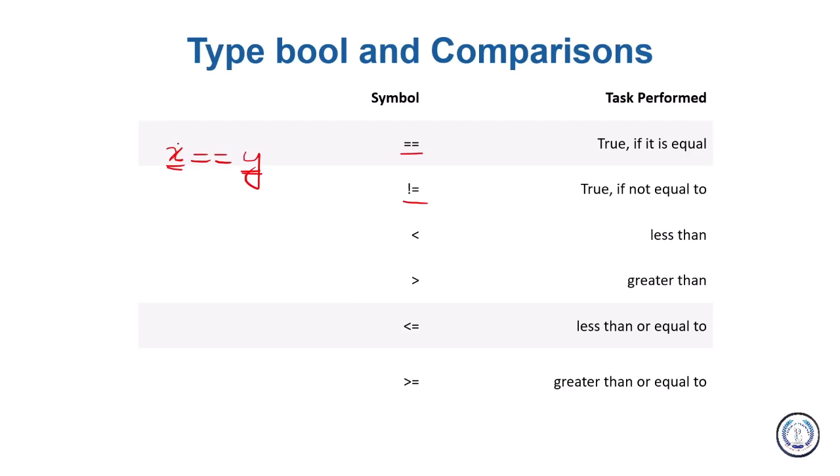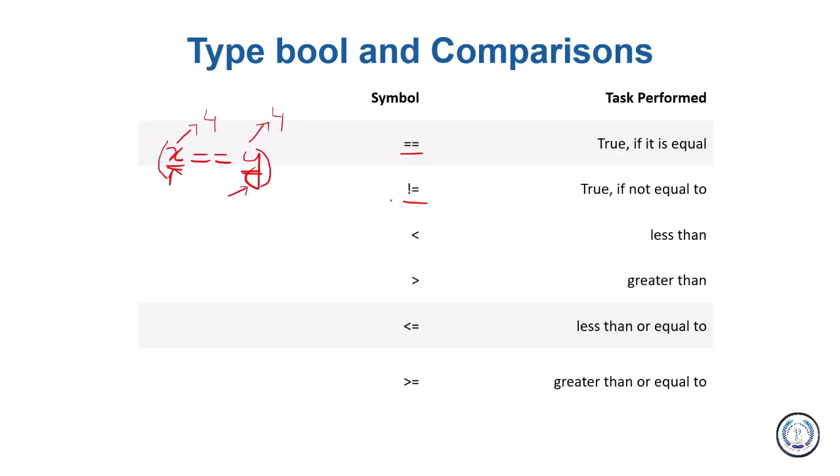So if x has value 4 and y has value 4, then we are checking x equal to y. The result will be Boolean, because x may not be a Boolean variable, y may not be a Boolean variable. If we want to compare the values of x and y, then we write double equal without a space inside. Remember, if we write single equal, that is an assignment operator. If we write double equal, that means we are checking whether the two values are the same or not.